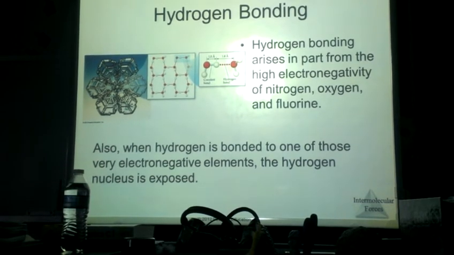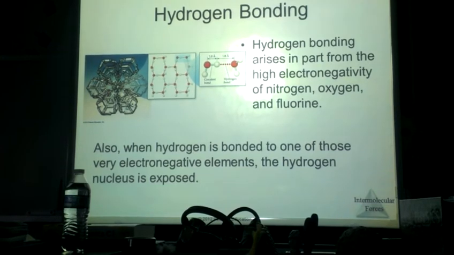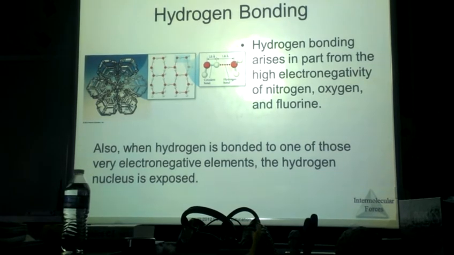Because when hydrogen is bonded to one of those nitrogens, oxygens, or fluorines, that hydrogen is very electron poor, and it is very small. So it can approach an electronegative atom very, very closely and interact with it very strongly.